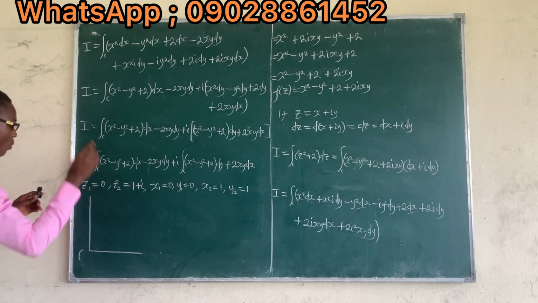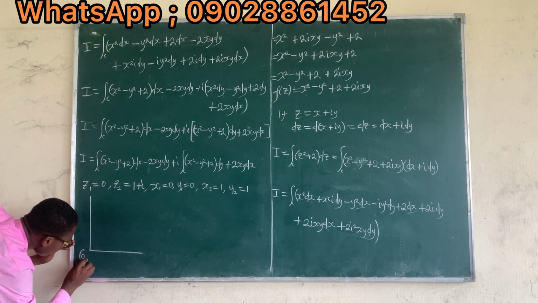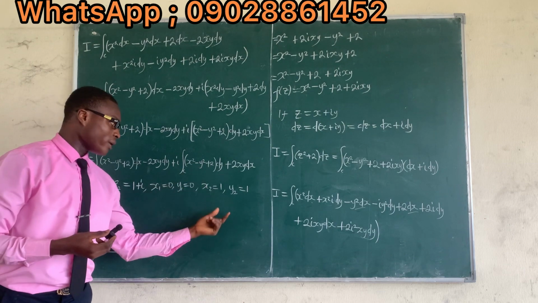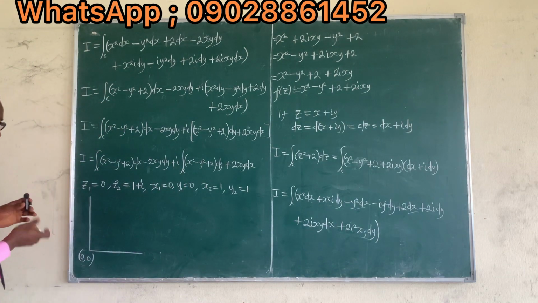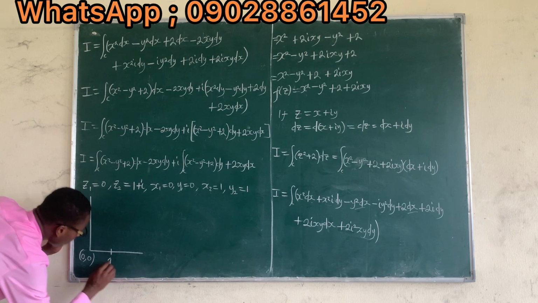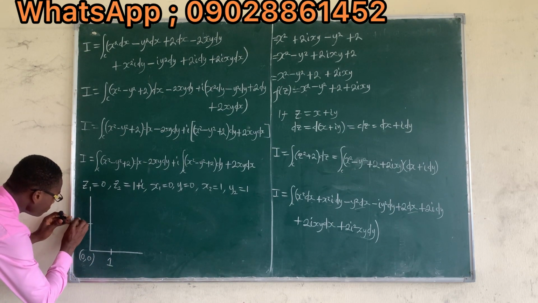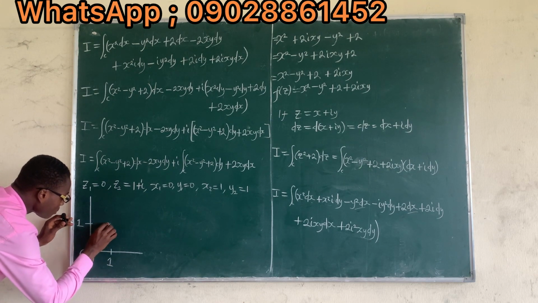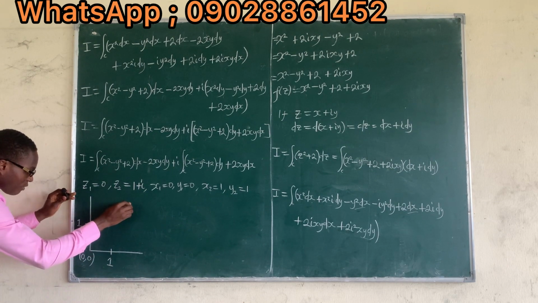So we have 0 comma 0. And also x2 is 1, y2 is 1. So we can simply go to the plane. If you trace this, we have this point. So you see we have a straight line.